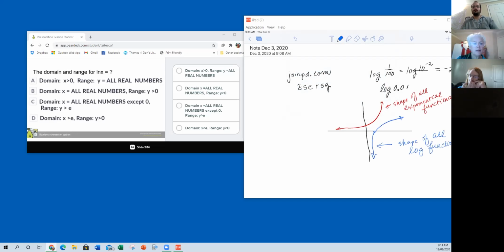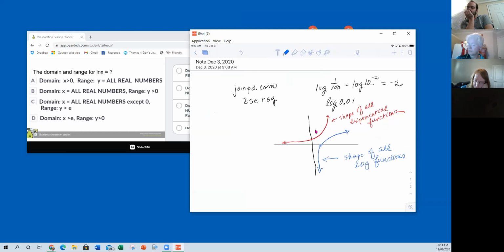So if you think about what the exponential function looks like, and e to the power looks just like, they all pass through the point 0, 1. The parent does, no matter what.